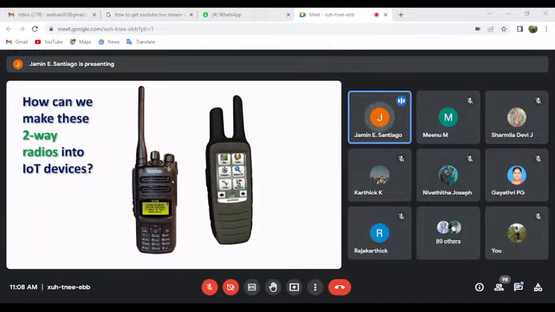And we will do the same thing. Any suggestion? How can we make these two-way radios into IoT devices? This is a bit less obvious than the previous stethoscope, but let's try our best. Actually, this is already a commercial product, but I want to go through this process with you so that we can learn together.